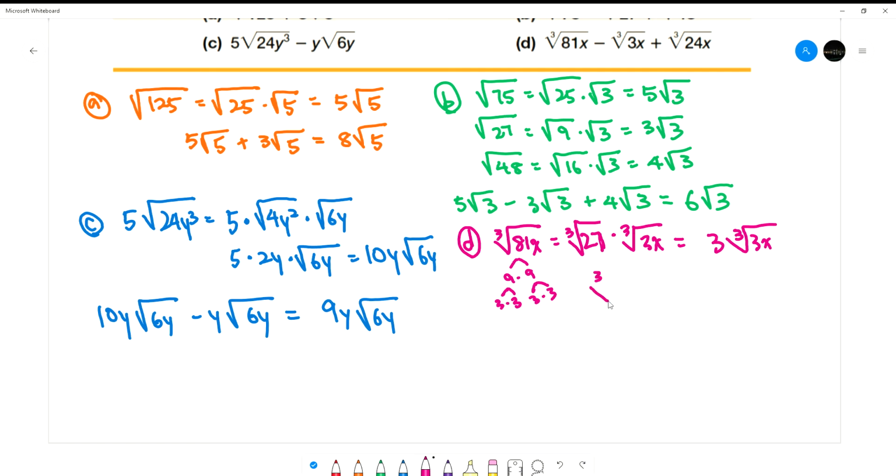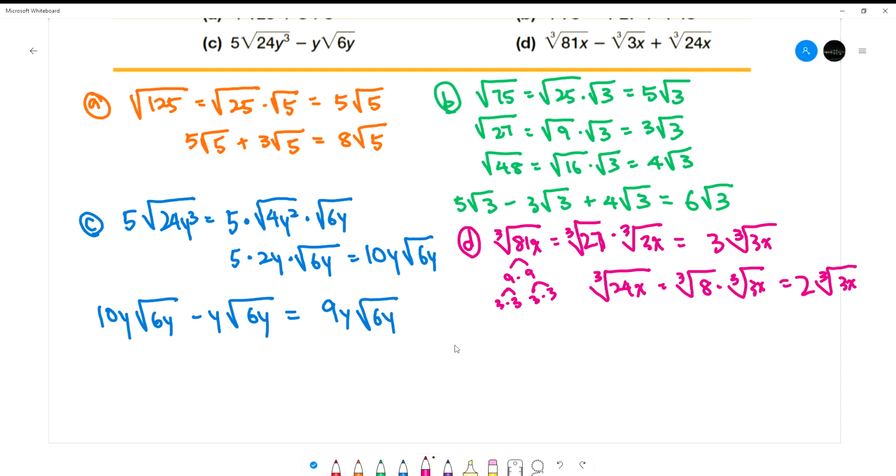Let's work on the third term, cubed root of 24x. I see an 8 in there, 8 times 3. So cubed root of 8 times the cubed root of 3x, and that's my 2 cubed root of 3x. All right, now let's rewrite this.